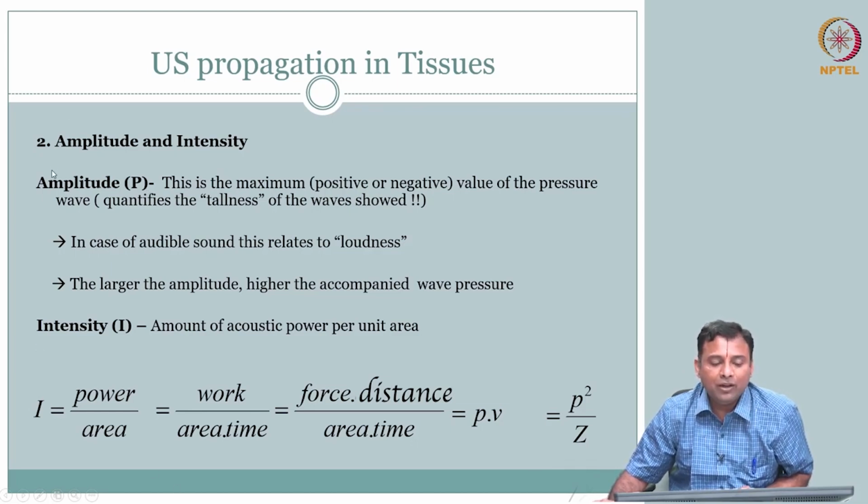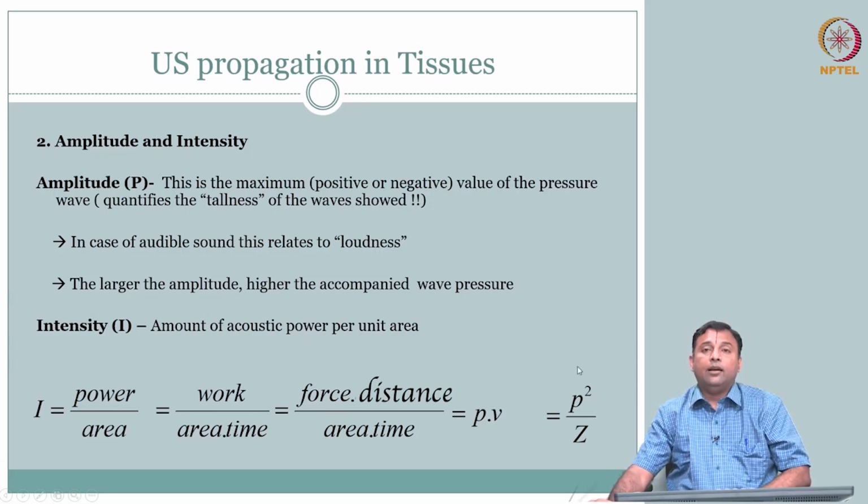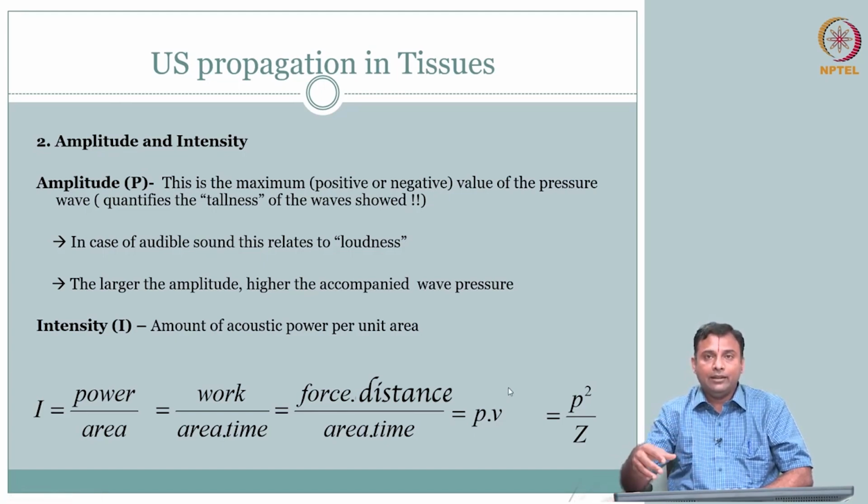So intensity is the square of your amplitude divided by Z, your impedance. So this is handy, that impedance itself, relating particle velocity and pressure, will be used very conveniently in the description of how this pressure and particle velocity behave when the wave is moving, to describe its interaction.